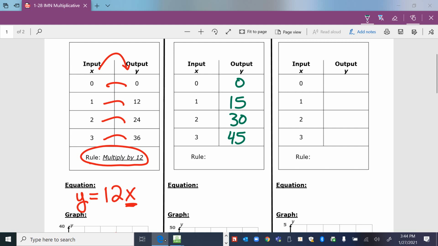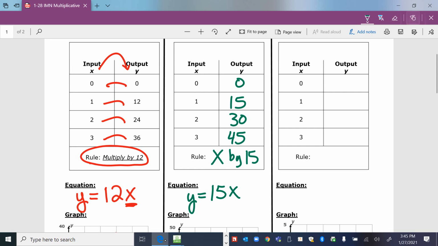So the rule for Ryan is, instead of writing multiply, because my pen's so big, I'm just going to put x for times, times by 15. So what's my equation? y is going to equal 15x. So we have a table, we have an equation, we have a graph, and we have a scenario.